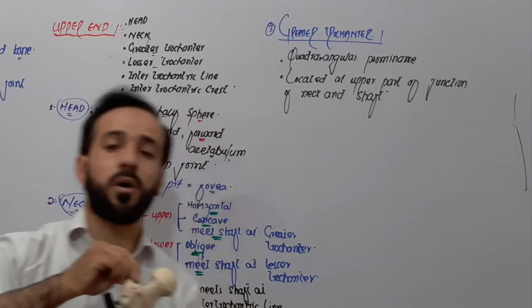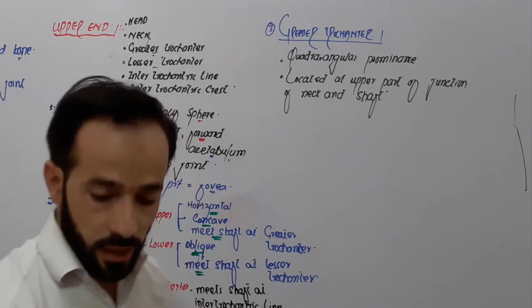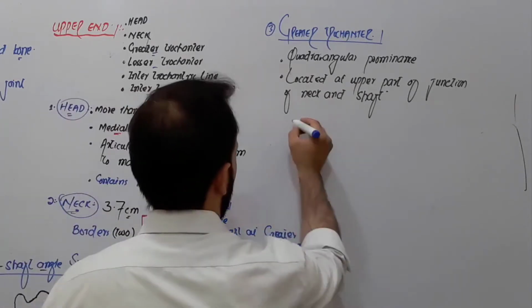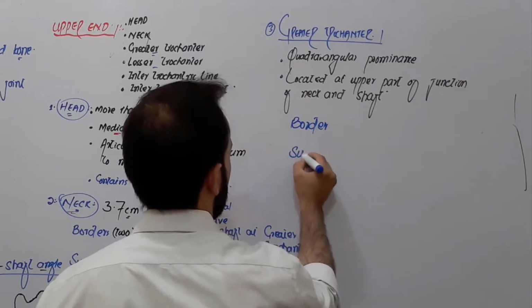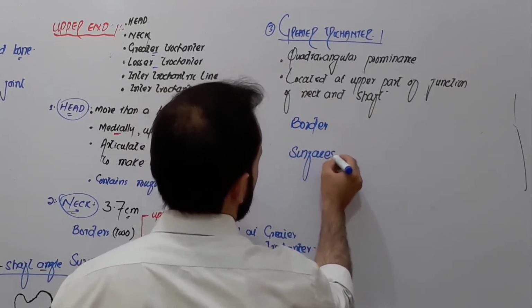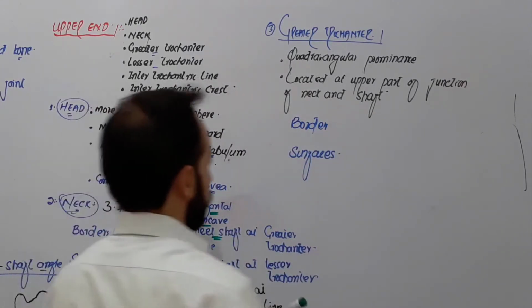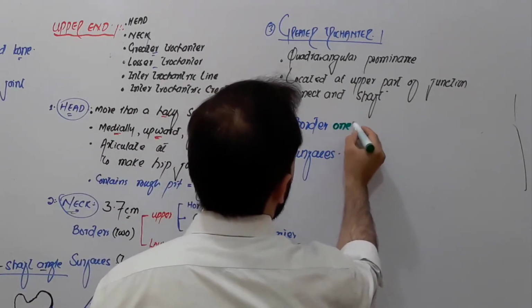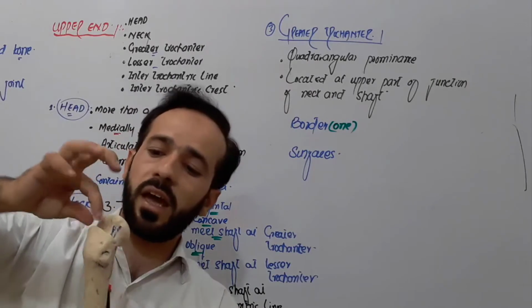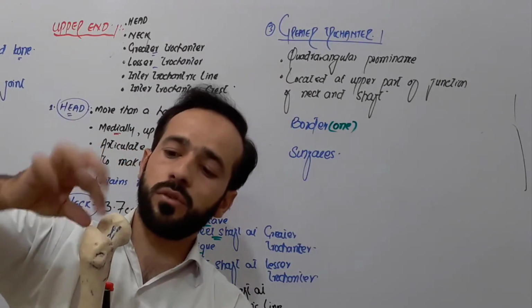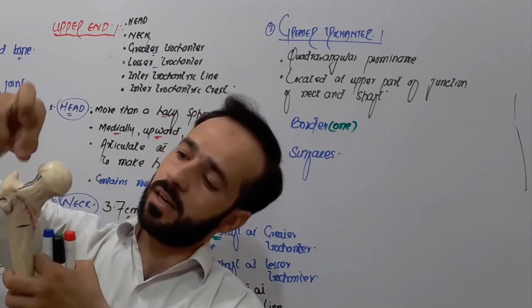First of all, it has border and surfaces, and it has only one border, and it has, my dear friends, surfaces. So how many borders? Only one border, and this border has an upper pointed part, and this is called the apex of it, right? So this is greater trochanter, and this is the apex.